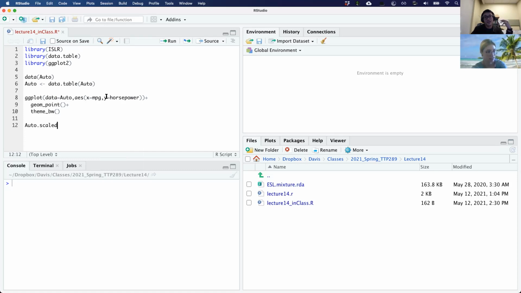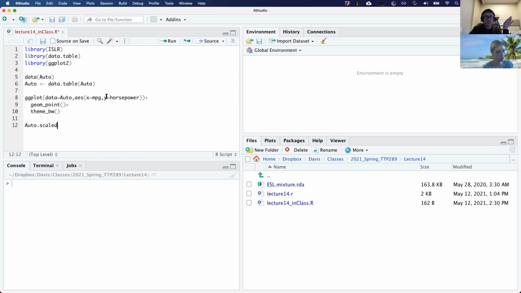What I'm typing right now is, again, just loading in the data from last time. One of the things that I am including is the scaled.